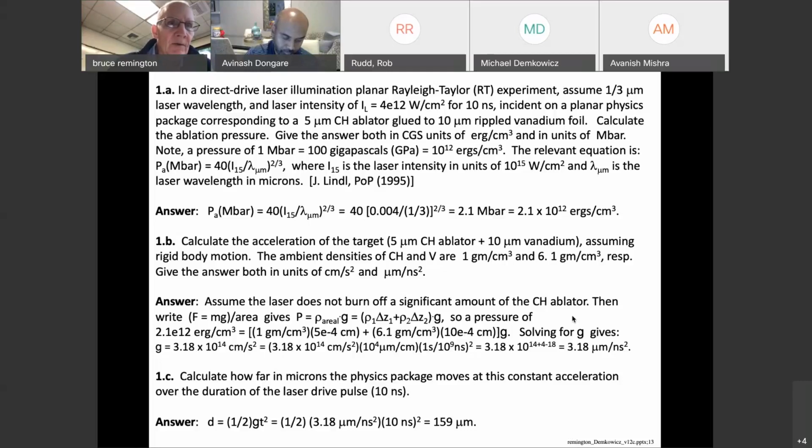Inserting 4 times 10 to the 12 watts per square centimeter, which in units of 10 to the 15 is 0.004, divided by 1/3 micron, that quantity to the 2/3 gives 2.1 megabars, which is 2.1 times 10 to the 12 ergs per cubic centimeter.